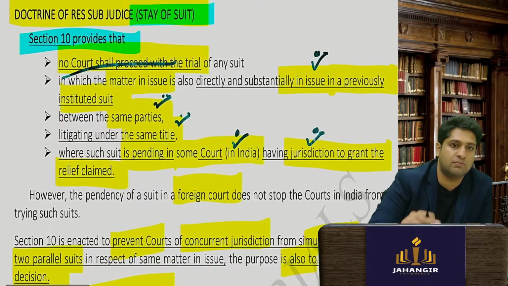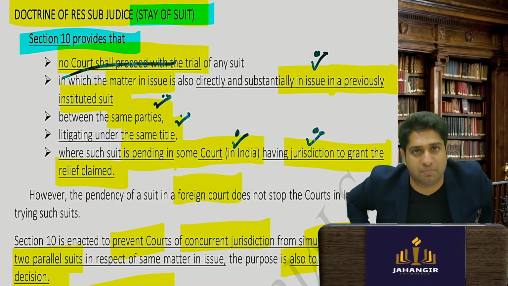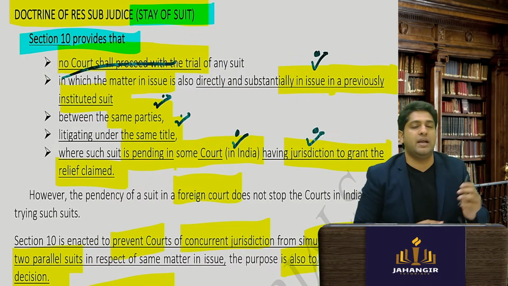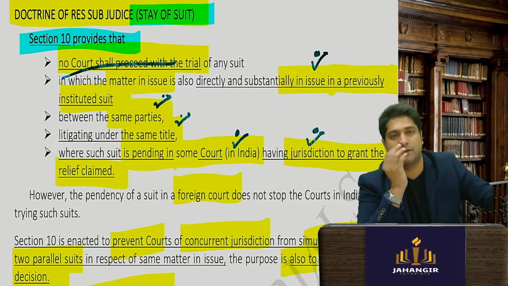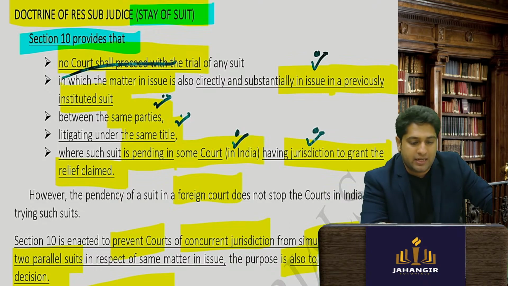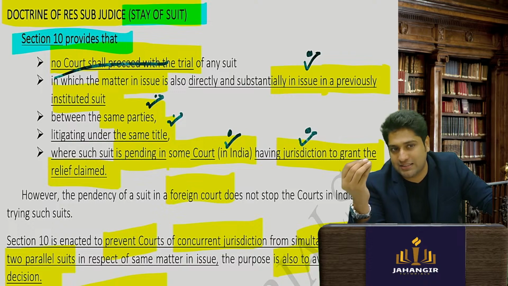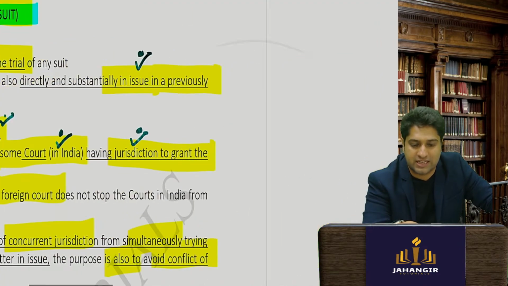Now we come to the most important part of the chapter, which is about stay of suit and res judicata: res sub judice and res judicata. In the exam, they ask you to write about res sub judice or res judicata. The sections are pretty simple. Pay attention.